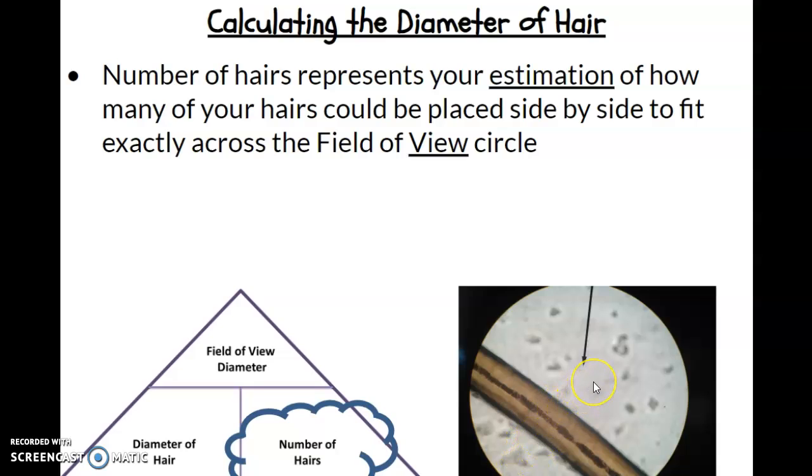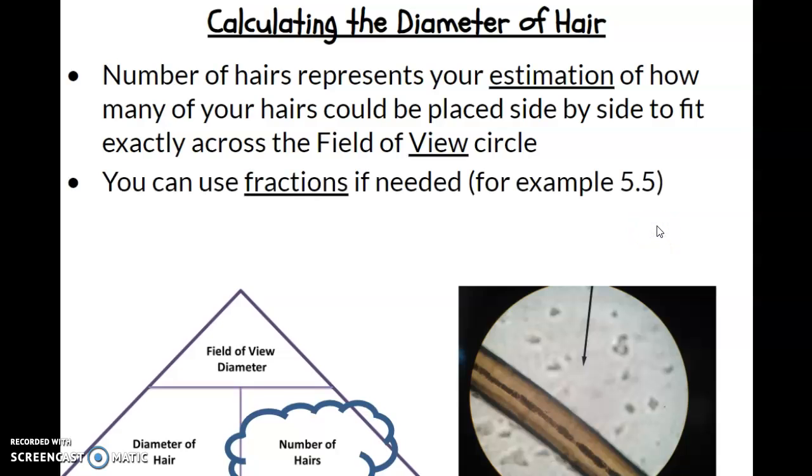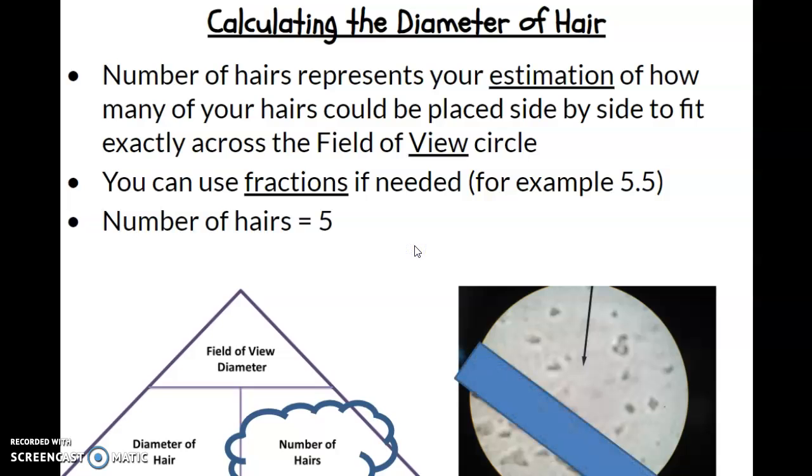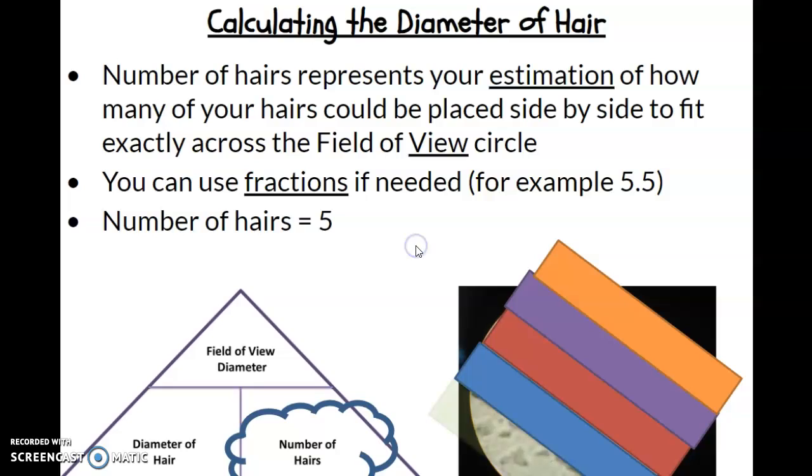Then we'll have another one, and then another one, and then another one. So probably about 5. You can use fractions if needed. So the number of hairs in this case would be 5. And we have this nice little graphic to show you how they fit.